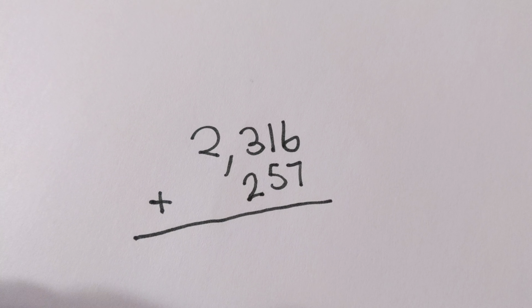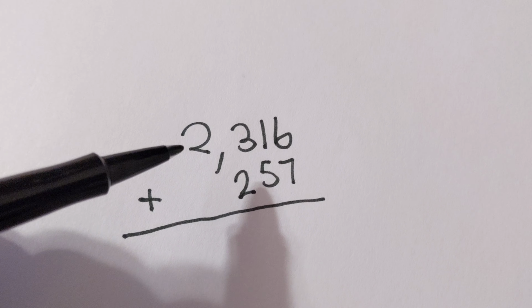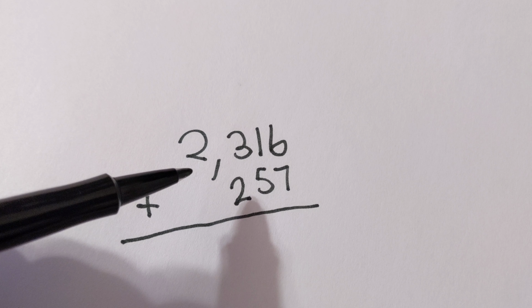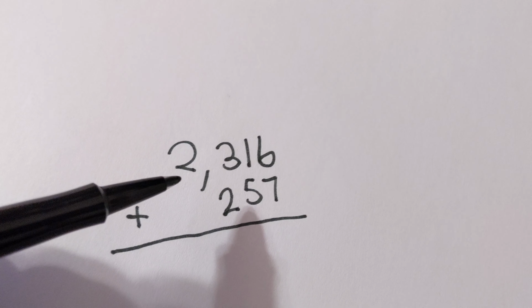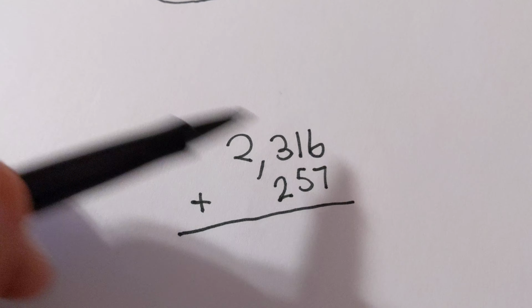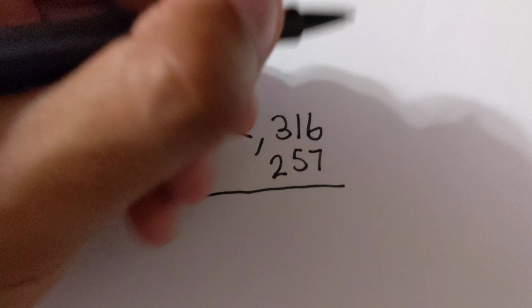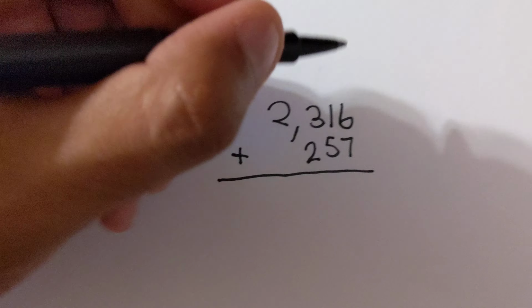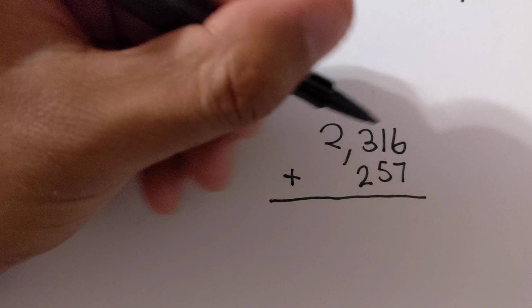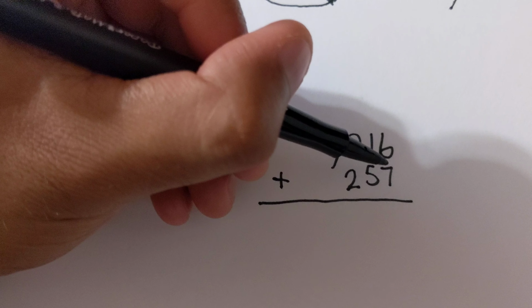So now let's take a look at the second strategy. With the second strategy, I can add 2,316 plus 257. Now, I know I can do this because these are the 2 numbers of the total of people who left. Adding these numbers together will give me that total. And here is where we get to show that we already know our standard algorithm for addition, because I have 6 plus 7.